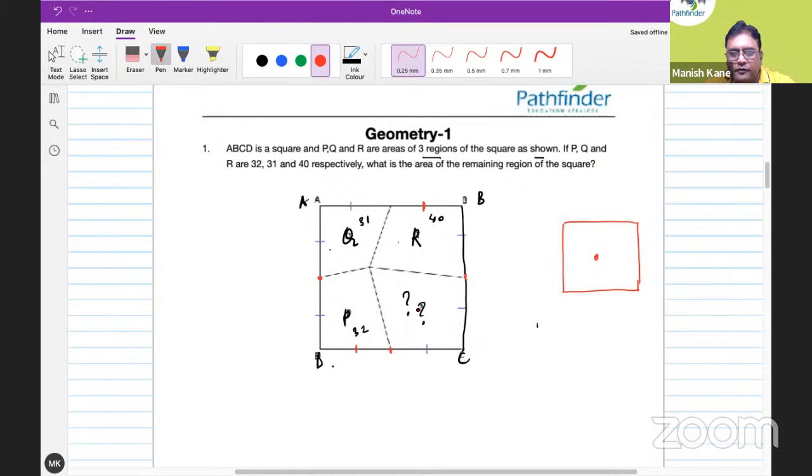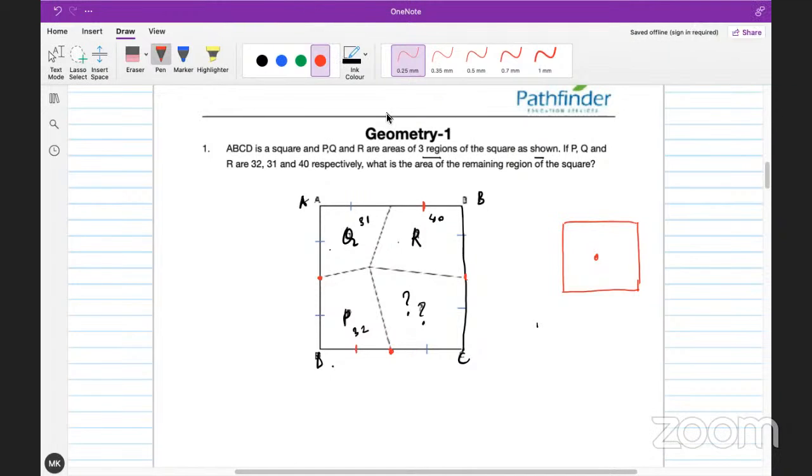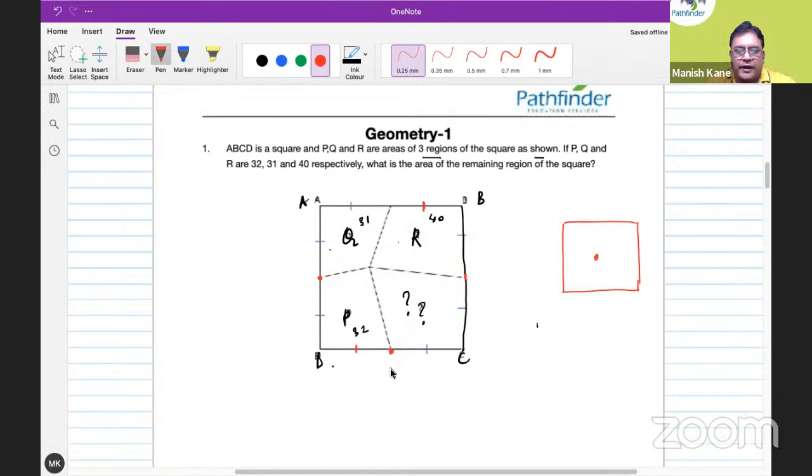It's actually shown in the figure, but I don't know how many of you were able to use that information. Did you use it? If you did, just give me a thumbs up. No, sir, actually missed that information. Okay, it's noted here that these points, if I name them P, Q, R, and S, are midpoints, correct?